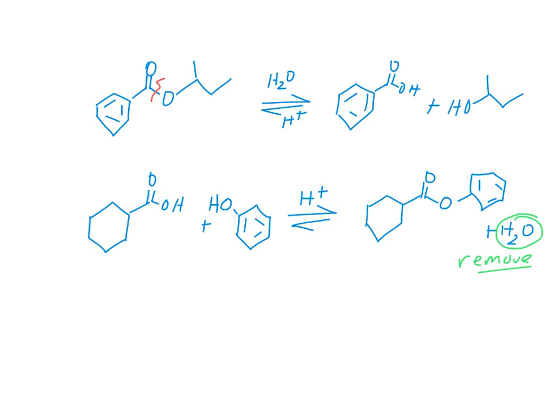That has the same effect. We pull away one of the products, and it also drives the reaction to the product. And here, let me use my artistic skills again to show you a cool apparatus that you can use in the lab to do this. This is kind of ingenious.